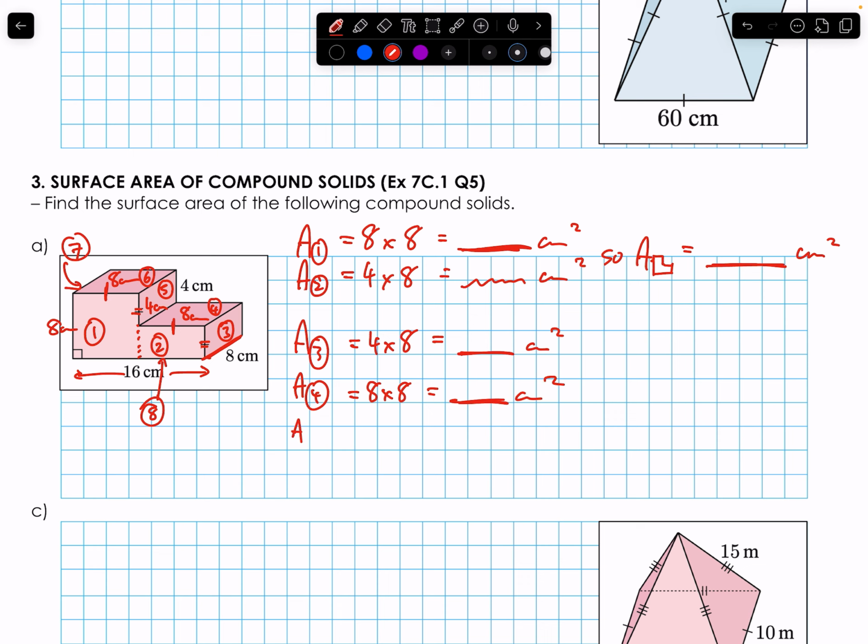Area 5, it's 8 wide and 4 tall, so 4 times by 8 again. Find that, please. Area 6, it's 8 by 8 again, something square centimeters. Area 7 is on the back. That's 8 by 8 again.